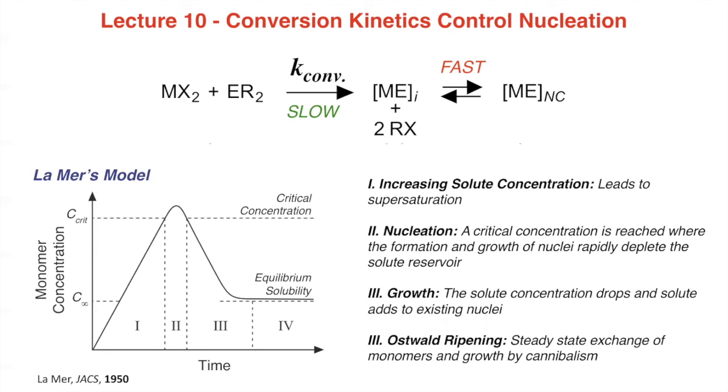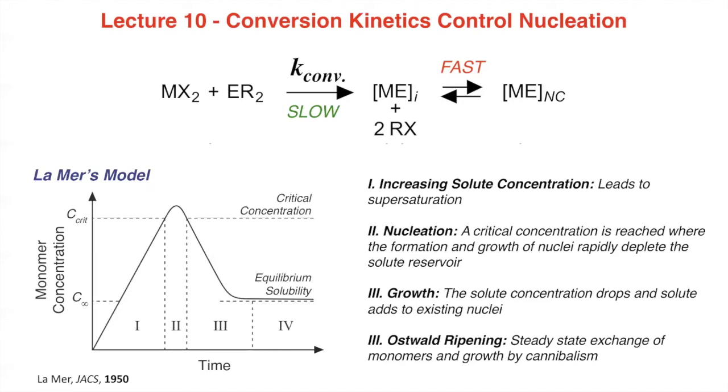And eventually, the solute concentration exceeds the equilibrium solubility limit. So now you're in a supersaturated regime. And then eventually you hit this critical threshold where the nucleation rate is supposed to turn on very suddenly. And once you're at that concentration, any new monomers you make can't really raise the concentration much at all, and they're just going to go to the formation of any nuclei.